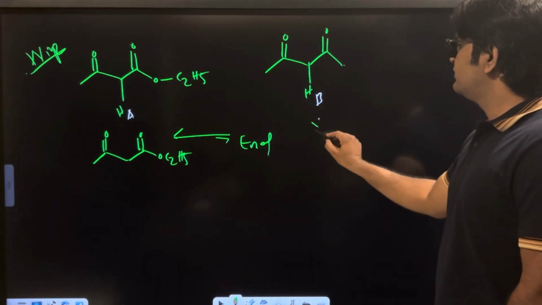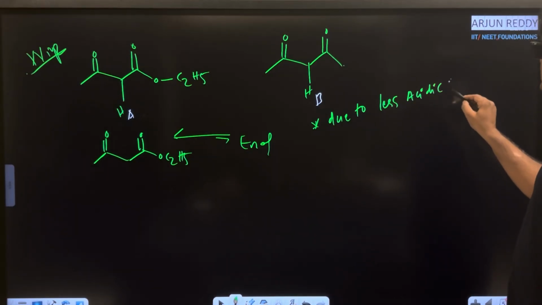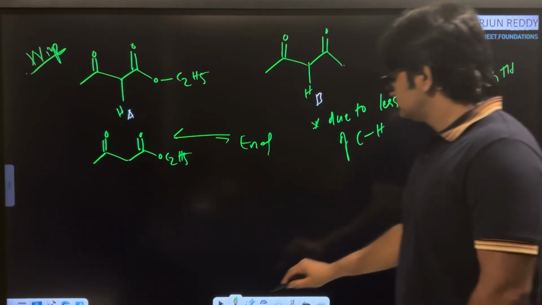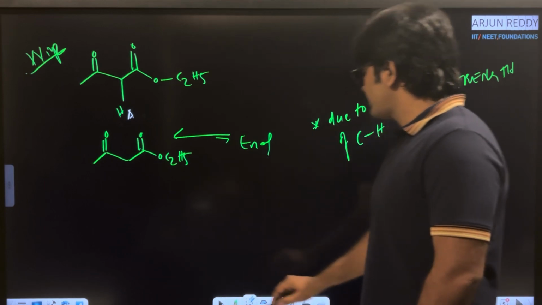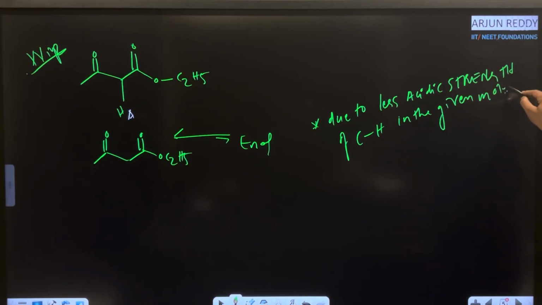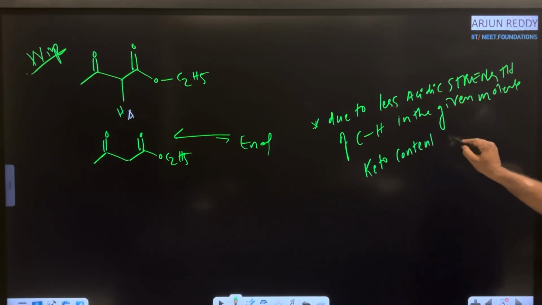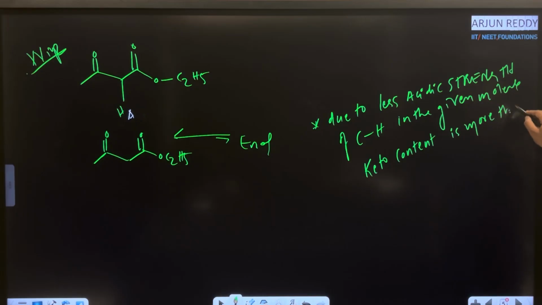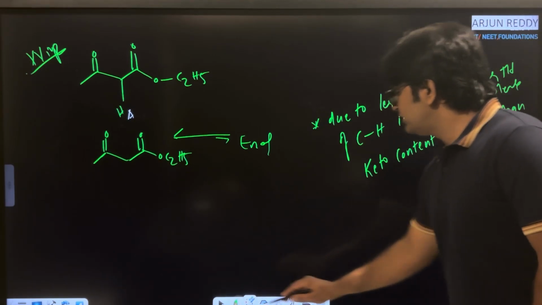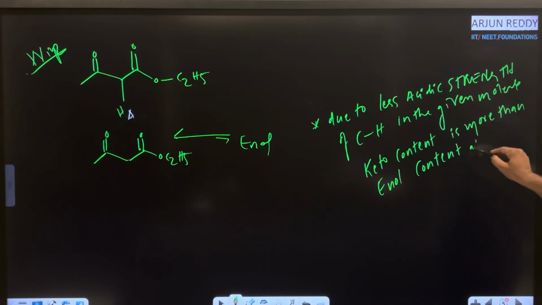Okay, right. You write the same point: due to the less acidic strength of CH in the given molecule, keto content is more than enol content at equilibrium.